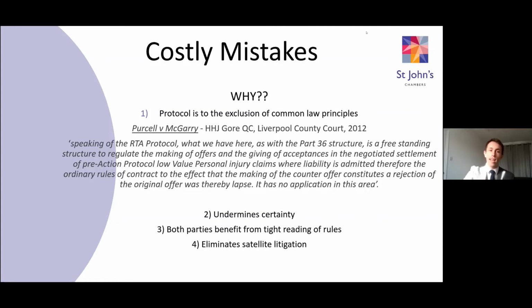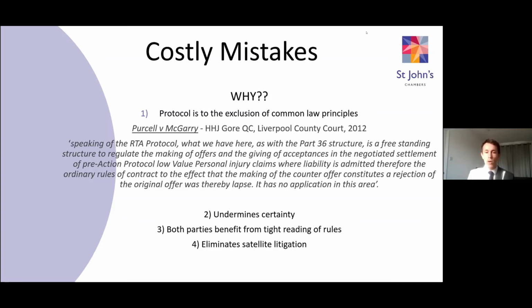In fact, that case, Purcell and McGarry, is a good place to start if you want to be arguing things like we can accept offers out of time. I say in quotes, what I mean is outside the consideration period. His Honour Judge Gore effectively says here, there is no common law doctrine of offer and acceptance in the same way. Unless you have explicitly withdrawn an offer, they remain open for acceptance.